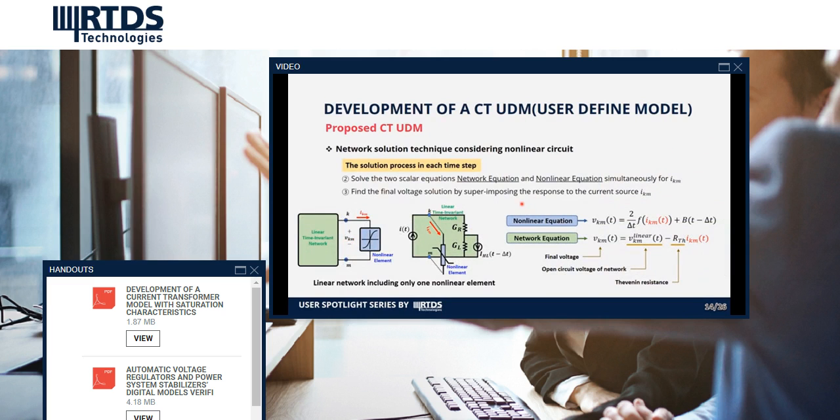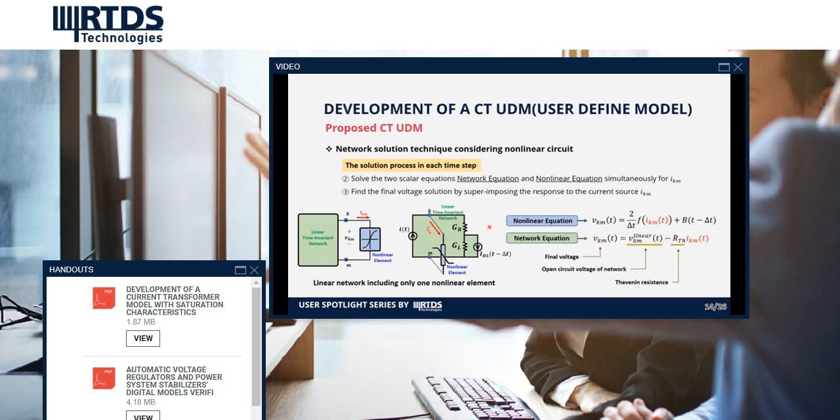After computing node voltage without the nonlinear element, the total network solution VKM is then equal to the value VKM linear found with the nonlinear branch omitted, plus the contribution produced by the nonlinear branch. This is the network equation. The nonlinear equation is the relationship of voltage and current obtained previously.